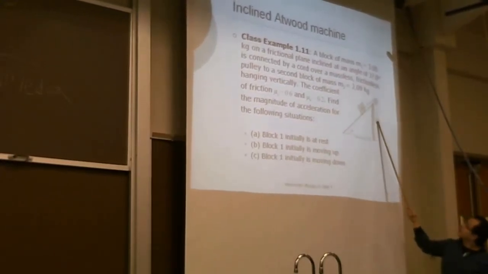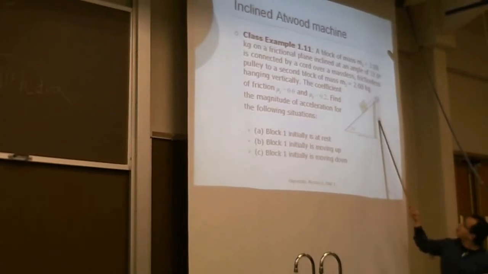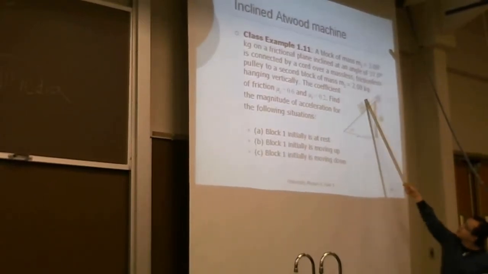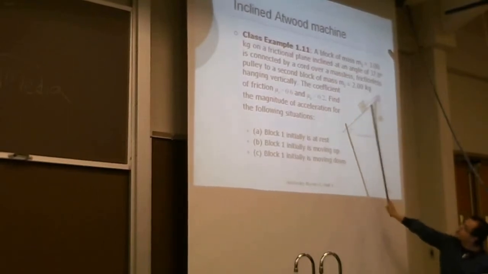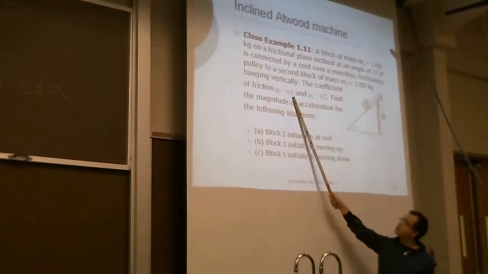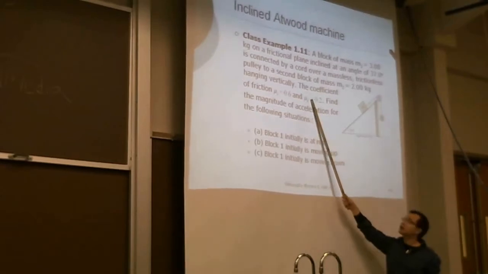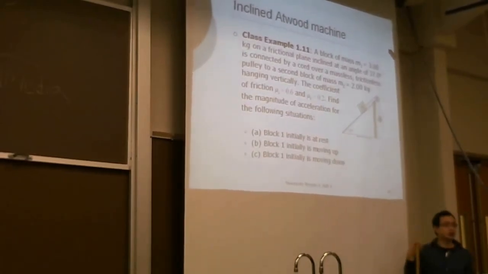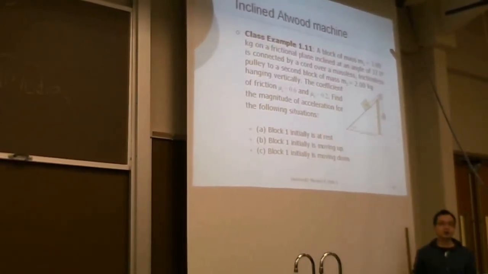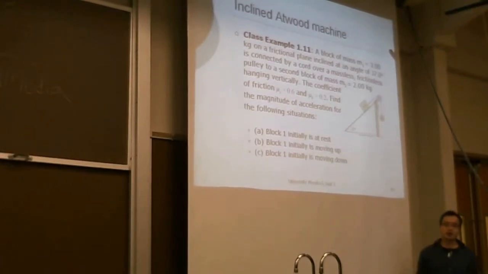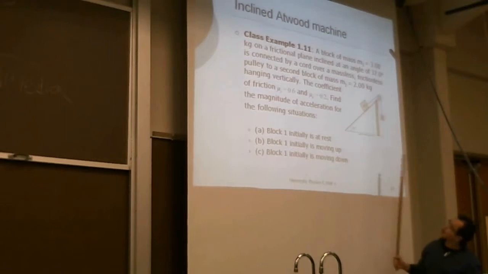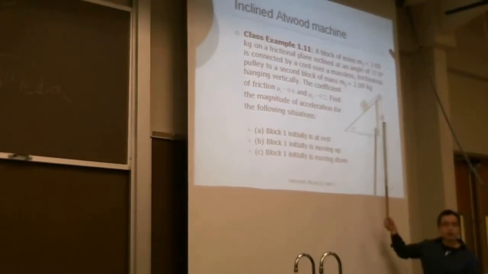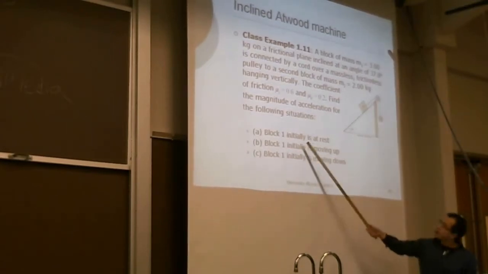Another one is hanging here with mass M2 equals 2 kilograms. The coefficient of friction, I give you both: the static friction 0.6, the kinetic friction 0.2. Remember that the kinetic friction coefficient is always smaller than the static friction coefficient. We want to find the magnitude of the acceleration for the following situations.